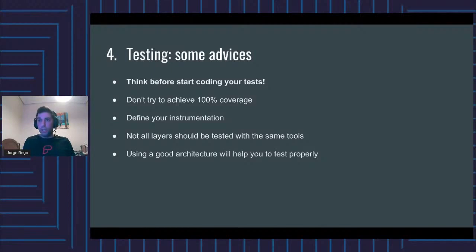Of course, later you need to do some integration tests and some other type of tests, but this will always help on isolating, and this is key. This is key when you want to test your different layers. And test cases must serve a purpose.